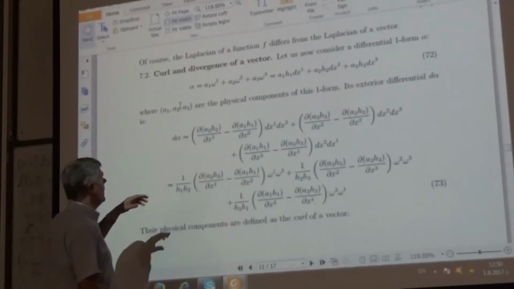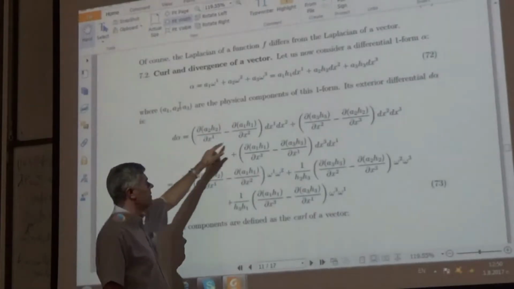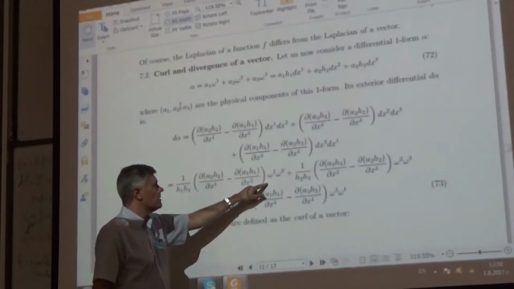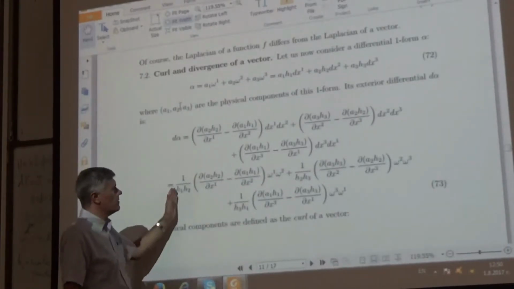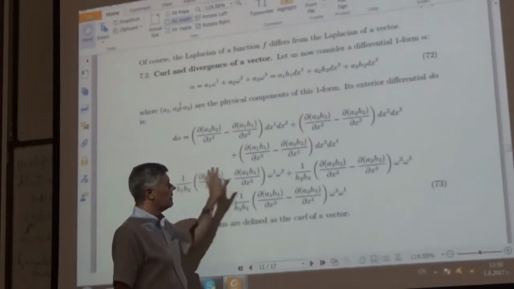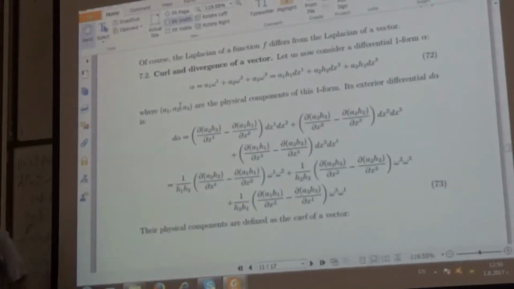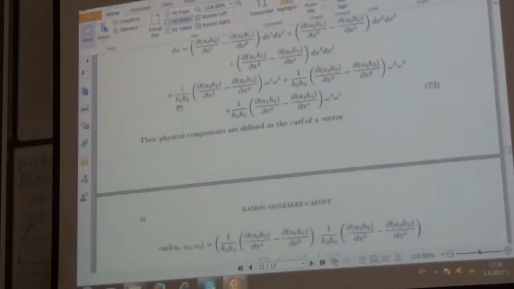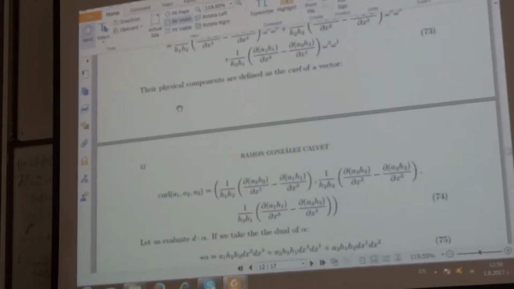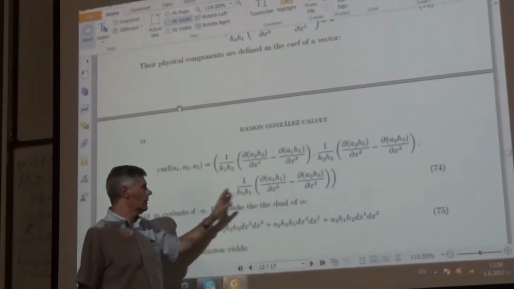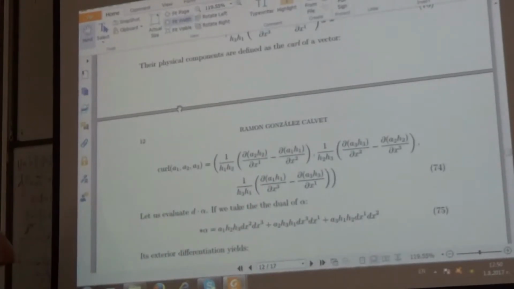Okay? And then we make the differentiation, we pass to the orthonormal basis, and we find the expression of the rotation. These are the components of the rotation. If we make the scalar differentiation of this one form, then you see the physical components of the rotation.